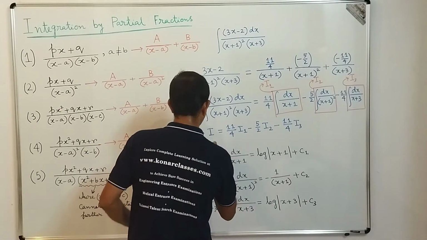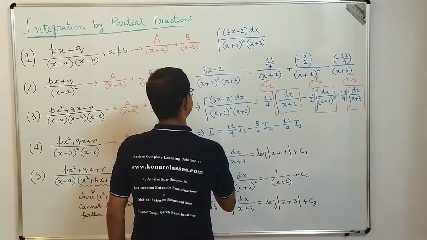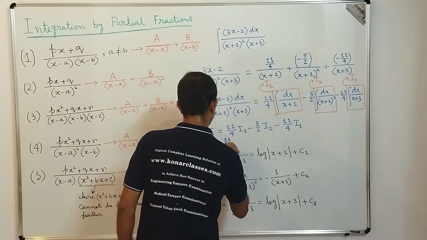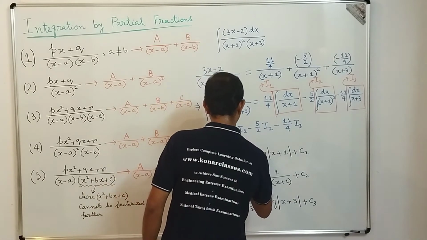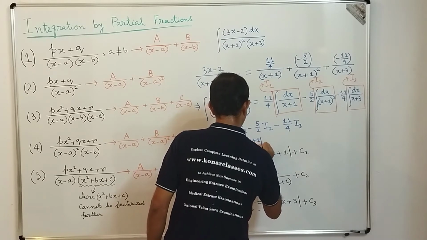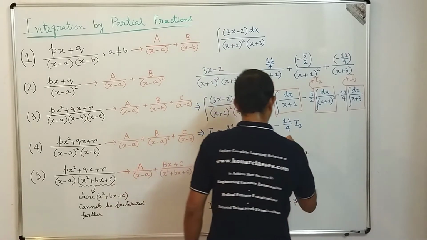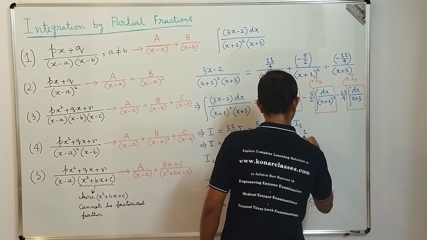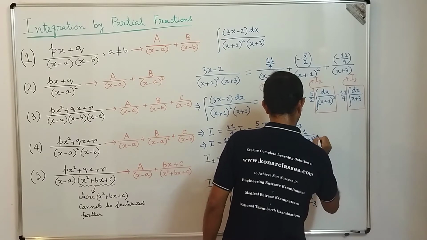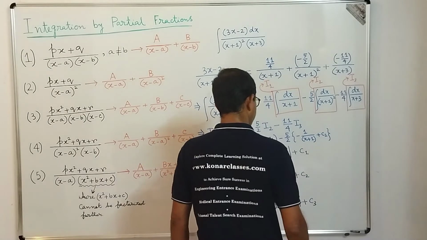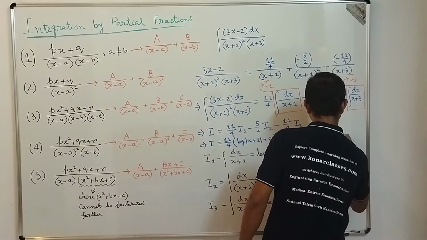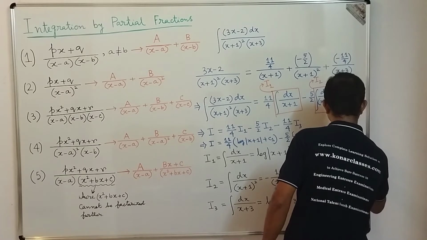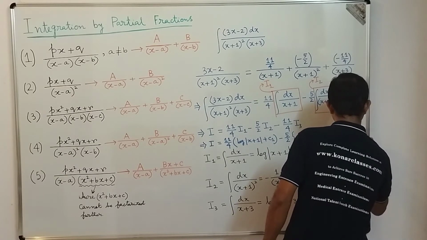So this implies I is equal to 11 by 4 into log of mod (x plus 1) plus c1, minus 5 by 2 into minus 1 by (x plus 1) plus c2, minus 11 by 4 into log mod (x plus 3) plus c3.